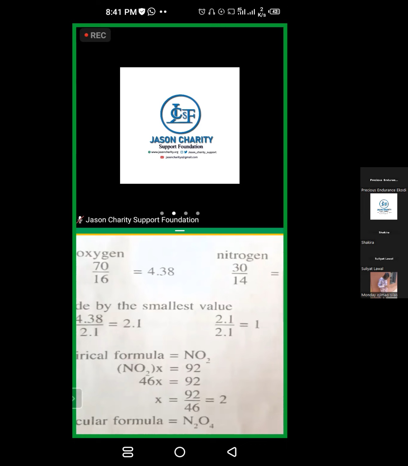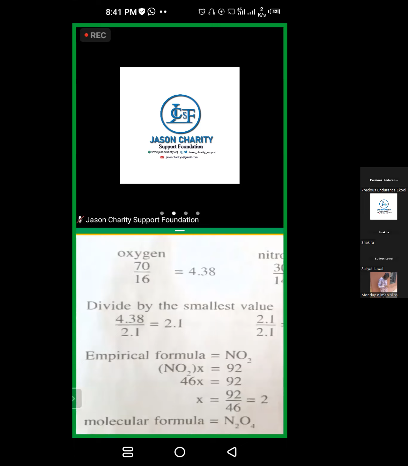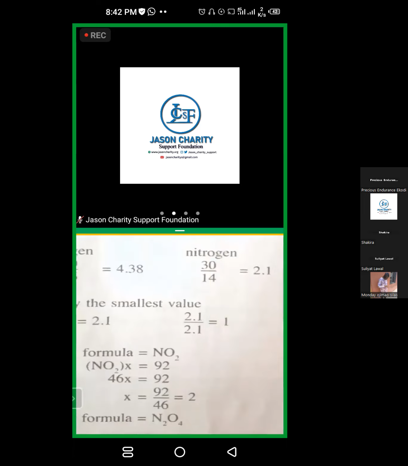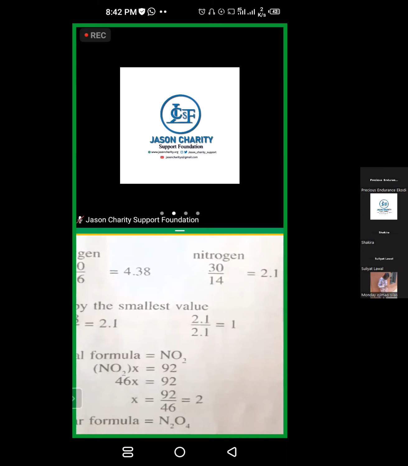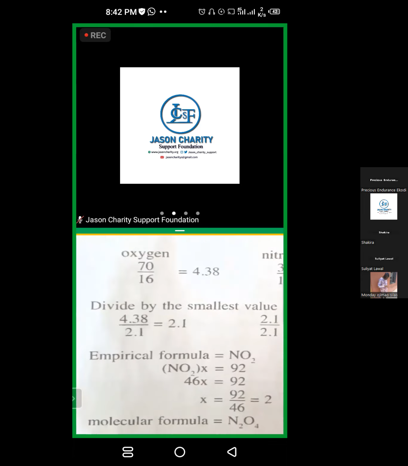And then 2.1 divided by 2.1, you have 1. So the empirical formula will be NO2. Why? Oxygen is 2 and nitrogen is 1. So N1O2. Like I said, you cannot write the 1.